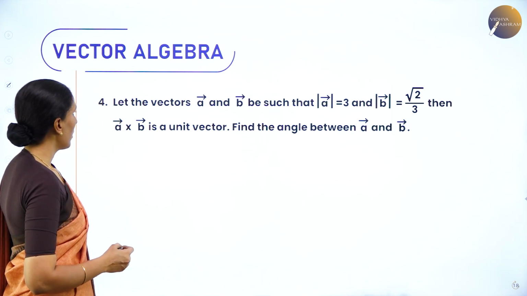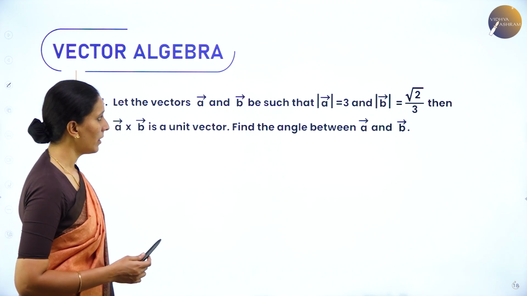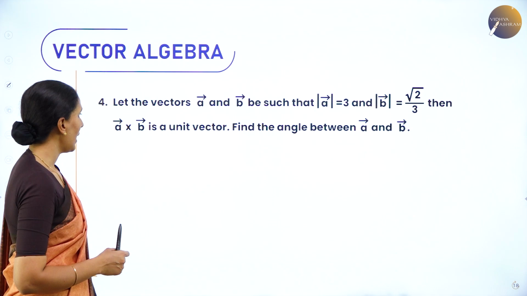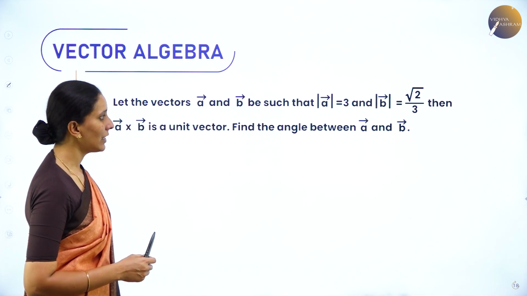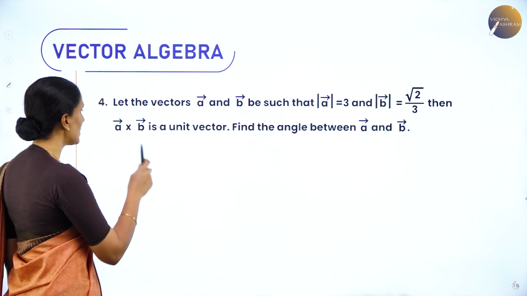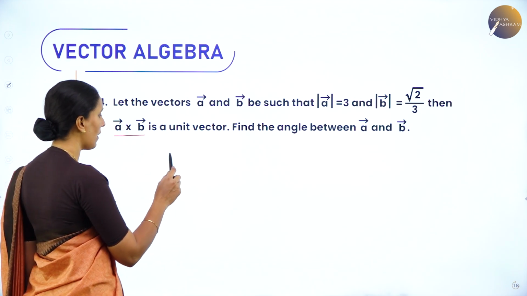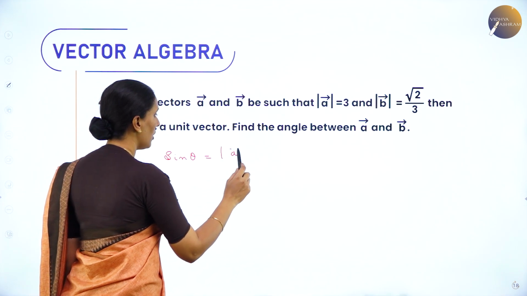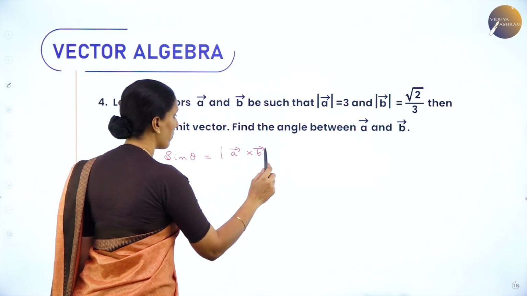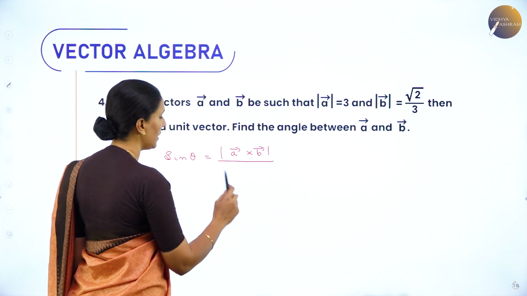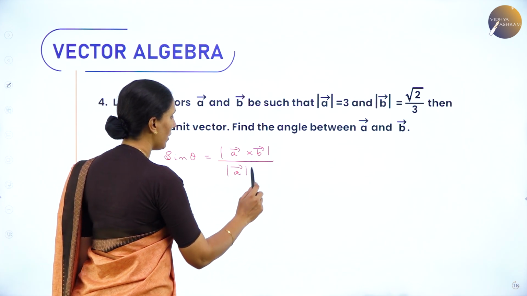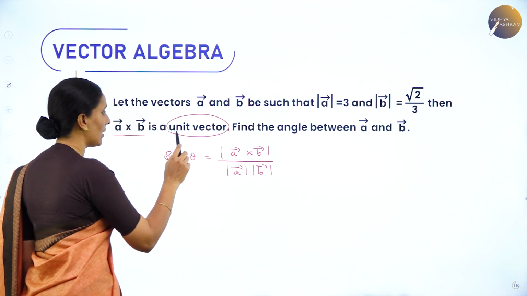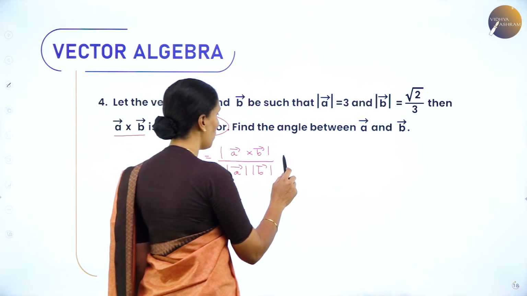Next question. If the vectors A and B are such that the magnitude of A is 3, the magnitude of B is root 2 by 3, and A cross B is a unit vector, find the angle between A and B. Since the cross product of the vectors is given, we are finding the angle using sine theta. So it is always the magnitude of A cross B divided by the magnitude of A times the magnitude of B. Since they have given A cross B is a unit vector, its magnitude is equal to 1.